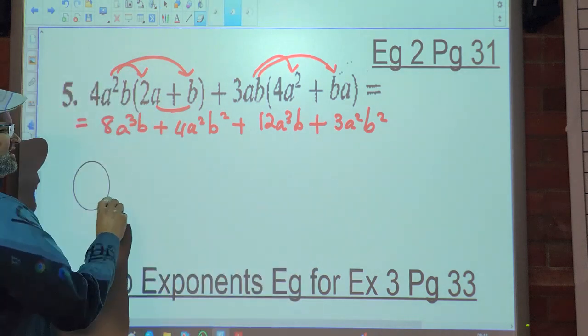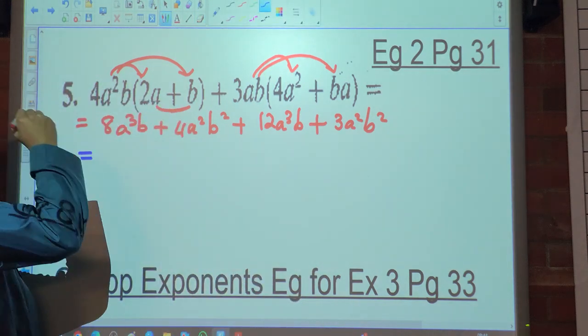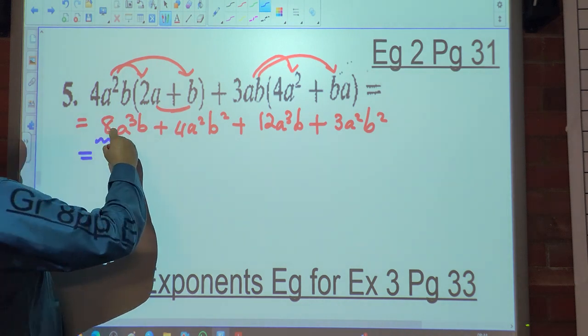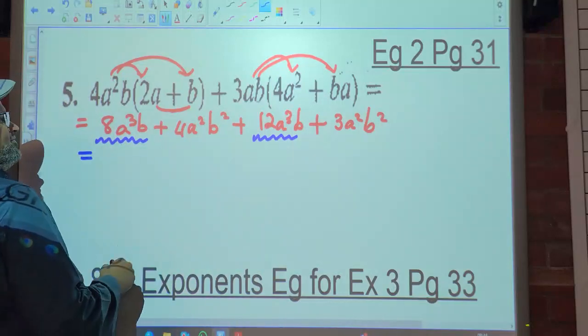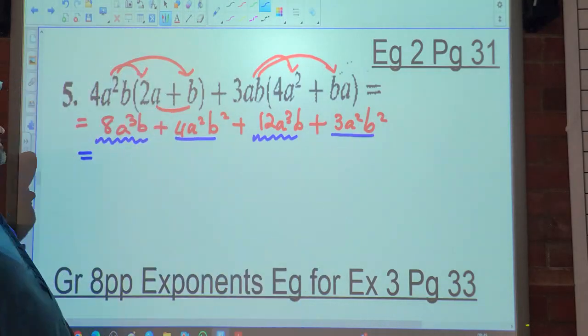But people, is this your answer here? No, this is not your answer. So what do we do? Like terms. So 8a cubed b and 12a cubed b, and 4a squared b squared and 3a squared b squared.